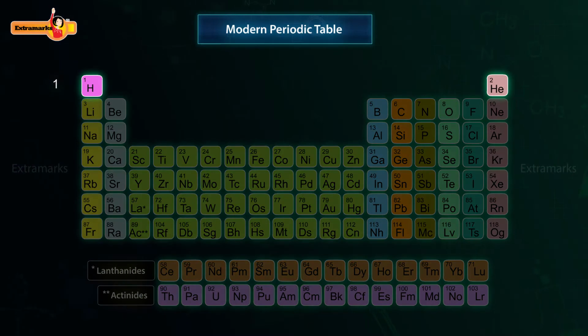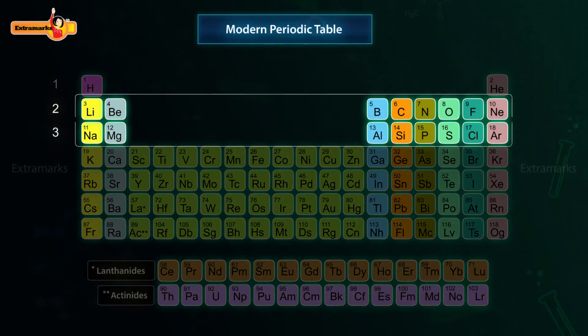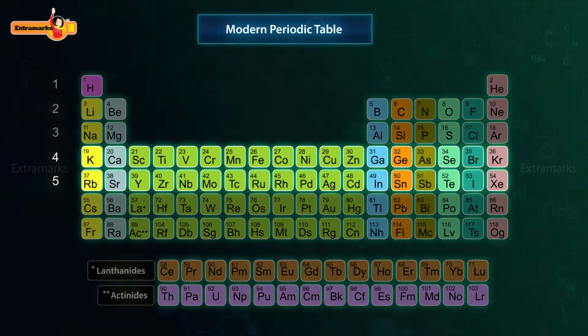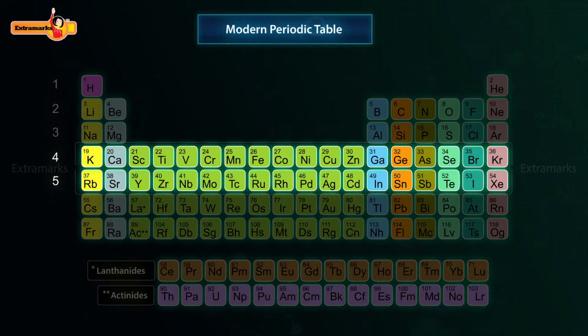The first period of the modern periodic table is called the very short period. It contains 2 elements, hydrogen and helium. The second and third periods are called short periods. They contain 8 elements each. The fourth and fifth periods consist of 18 elements each and are called long periods.